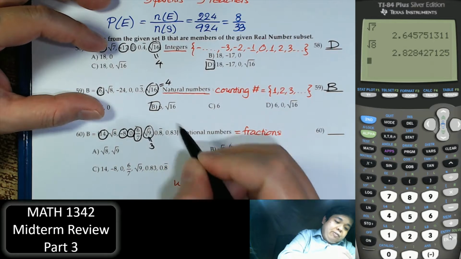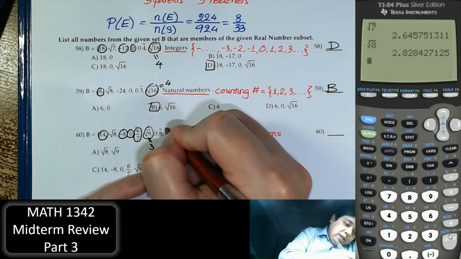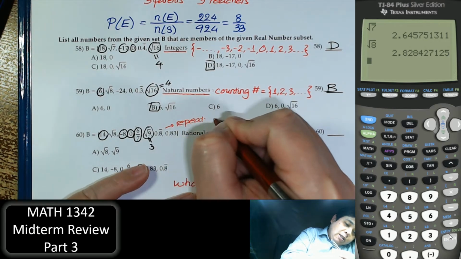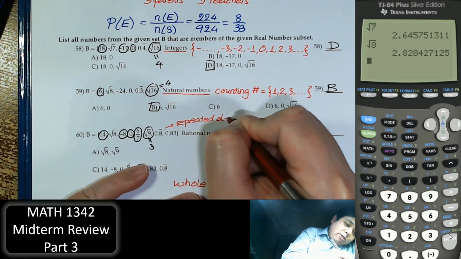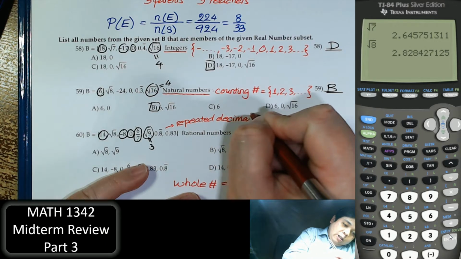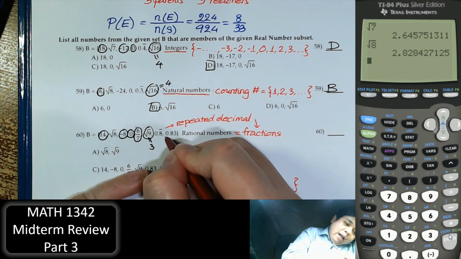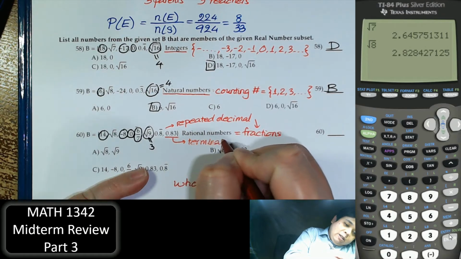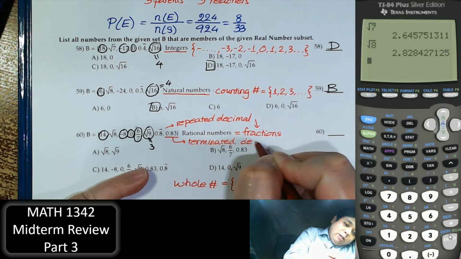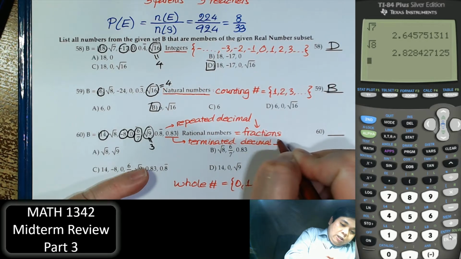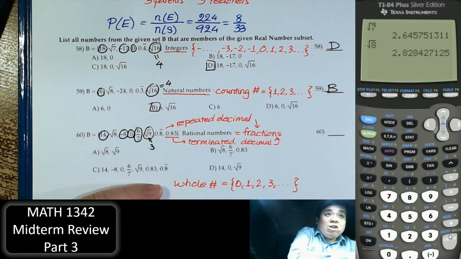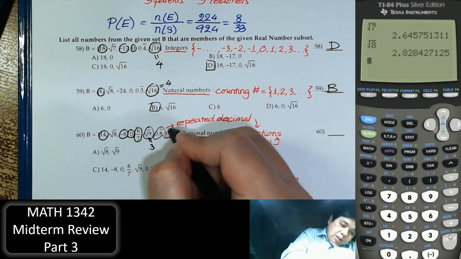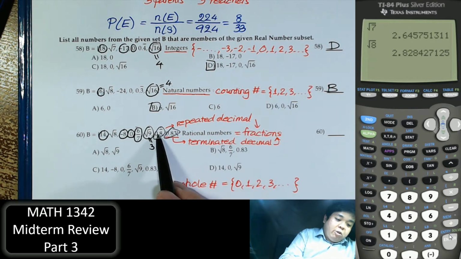0.88 repeating, so repeated decimal is a fraction, and this is terminated decimal, that is also a fraction, because that can convert to fraction.